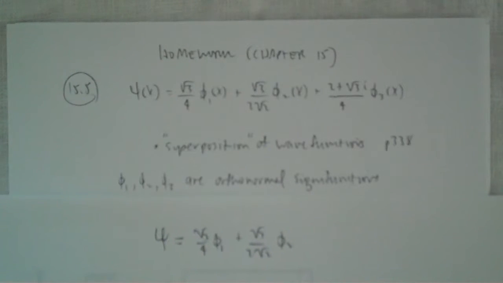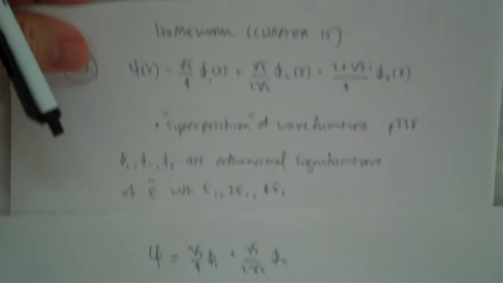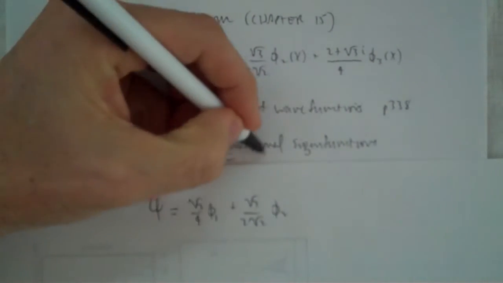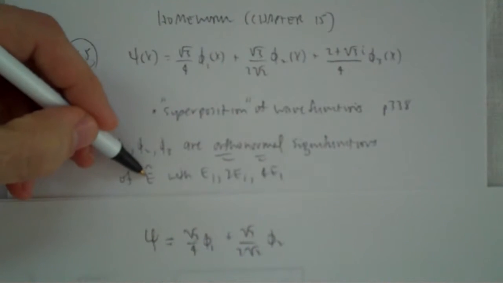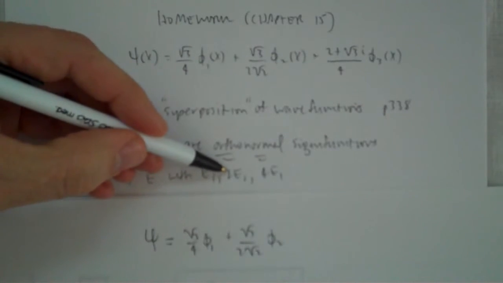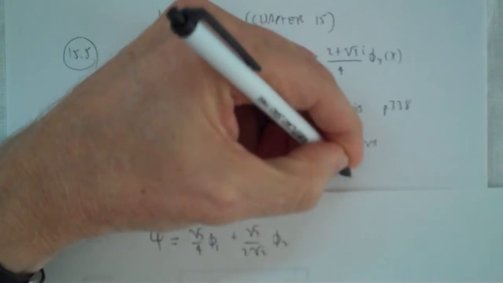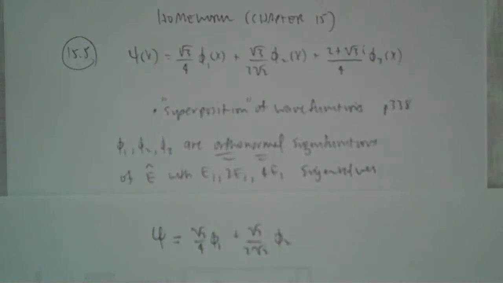So, sorry, still in the question stem, phi1, phi2, and phi3 are orthonormal eigenfunctions of the operator E hat with E1, E1, and 4E1 being the eigenvalues of these, respectively. Okay?